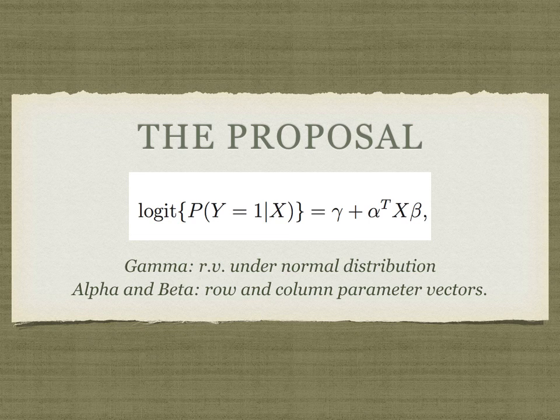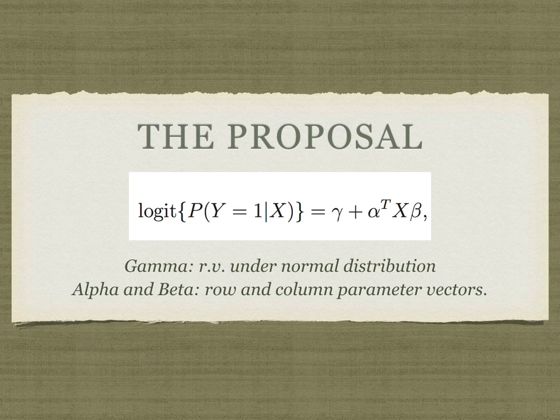This time, they fix the parameters in alpha transpose times X times beta, where the first parameter gamma is a random variable that might represent noise on the normal distribution, and alpha and beta are row and column parameter vectors, which are fixed.